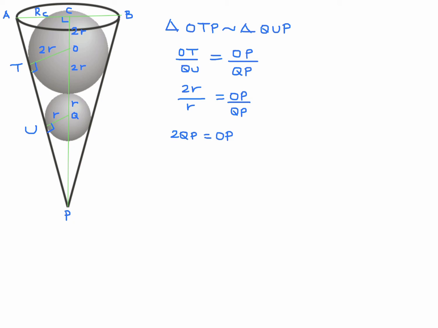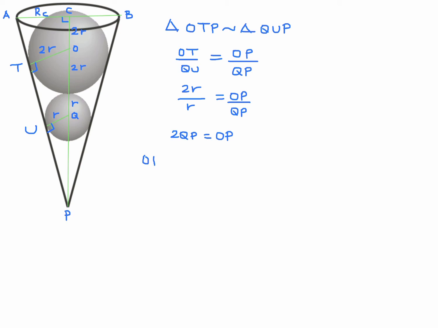All right, so that is very helpful, and that allows us to get a relationship between the height H of the cone, from top to bottom, and R, and that's pretty much what we need to solve this.